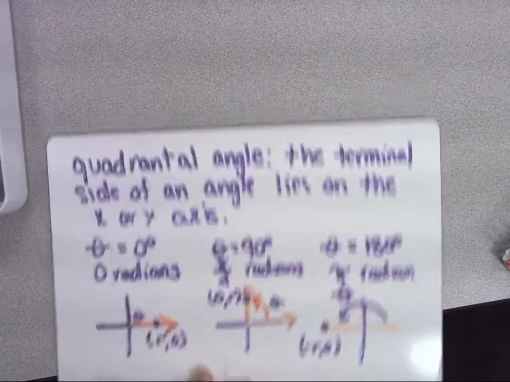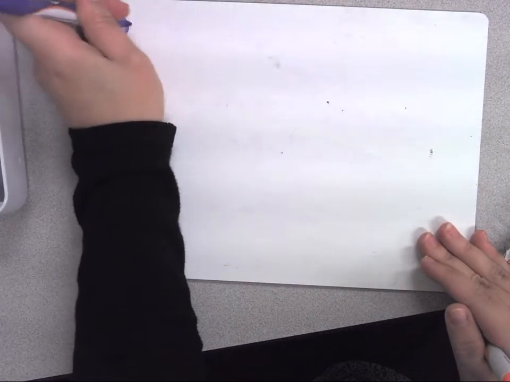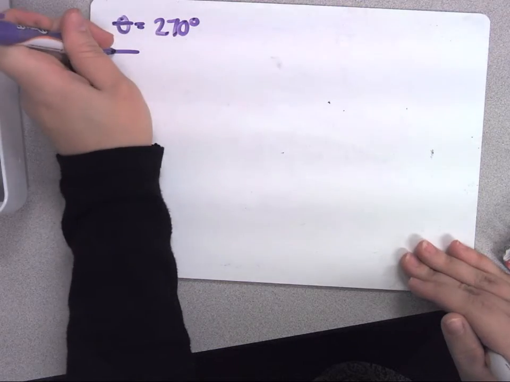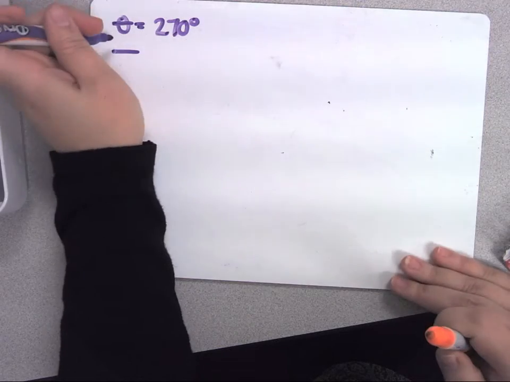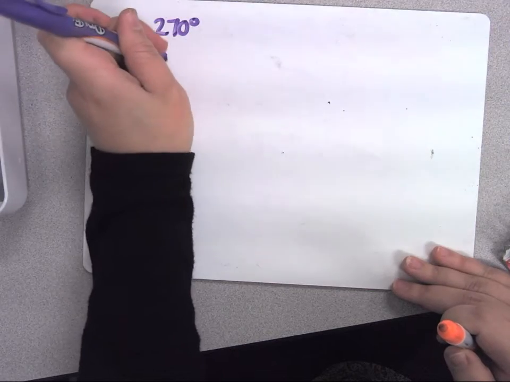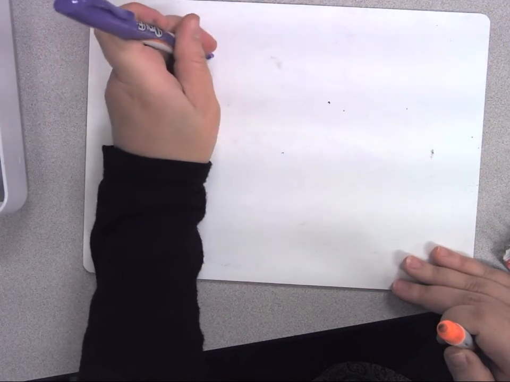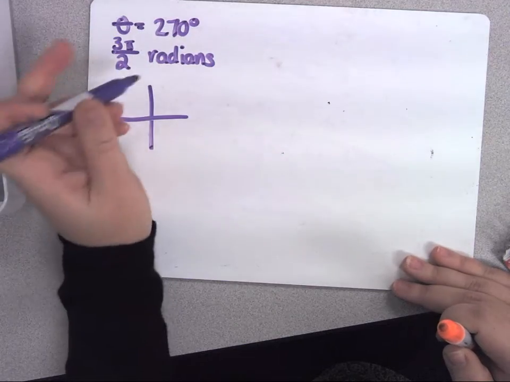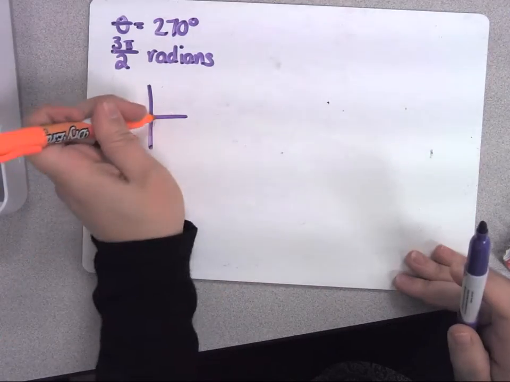Okay. One more. When theta is 270 degrees, Lincoln, it is 3 pi over 2 radians. That means we start here.